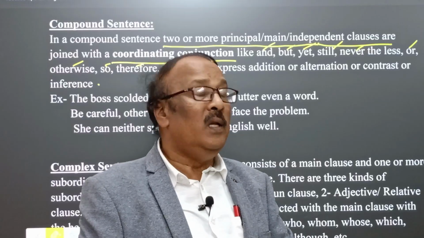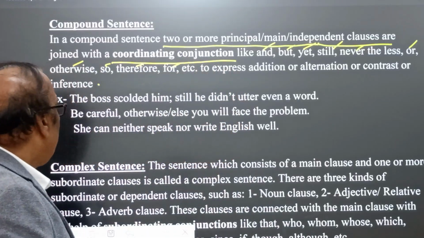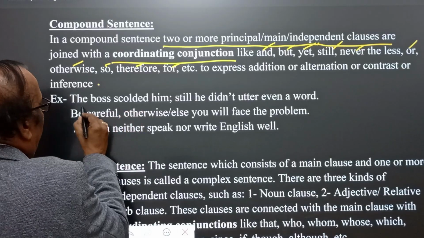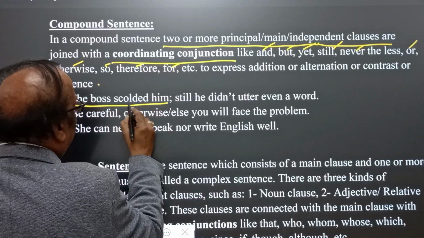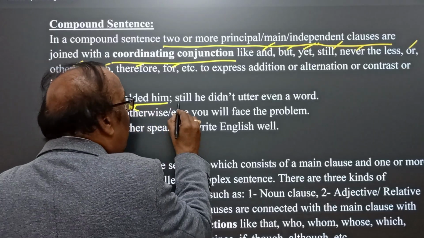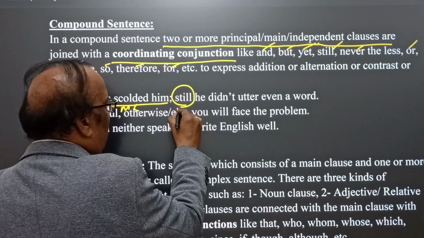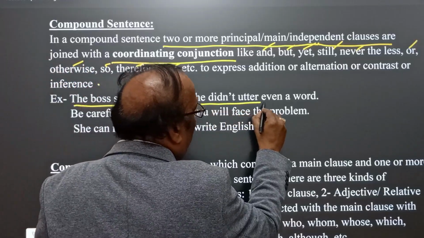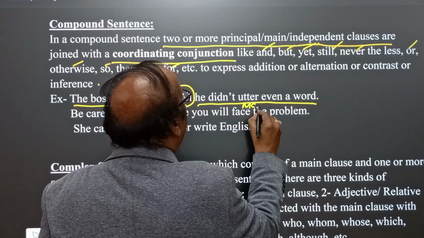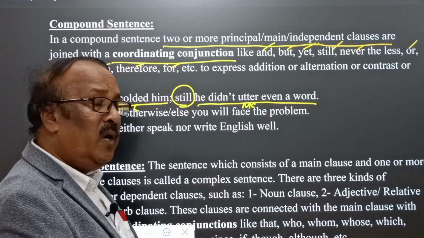Then how? Listen, example: the boss scolded him. The boss scolded him, still, he didn't utter even a word. Here we find the main clause, he didn't utter even a word.